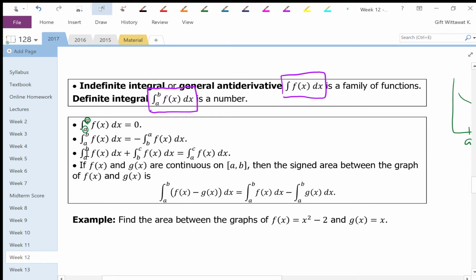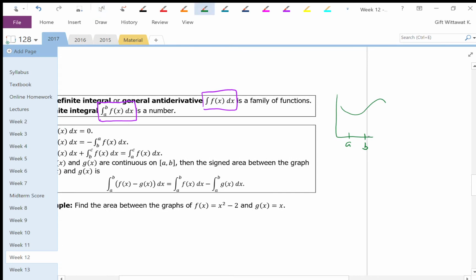The integral from A to B plus the integral from B to C is going to equal the integral from A to C. This is rather straightforward if you think of it in terms of the area.